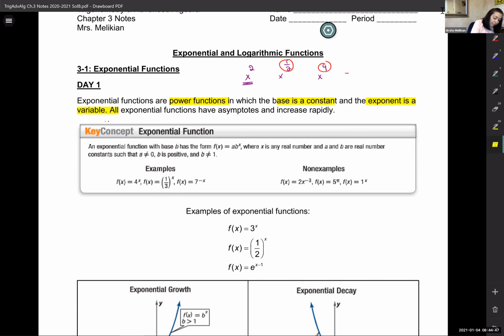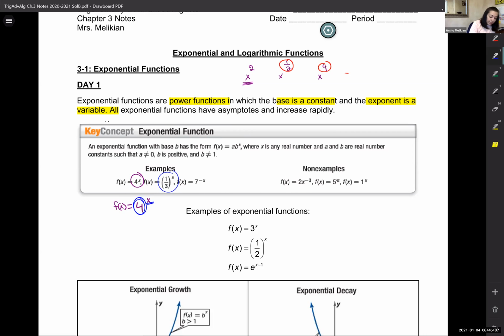So take a look at some examples here. I have f of x is equal to 4 to the power of x. So all of a sudden, this is the number and this is the exponent. That's the variable. So things have switched. Another example, 1 over 3 to the x.